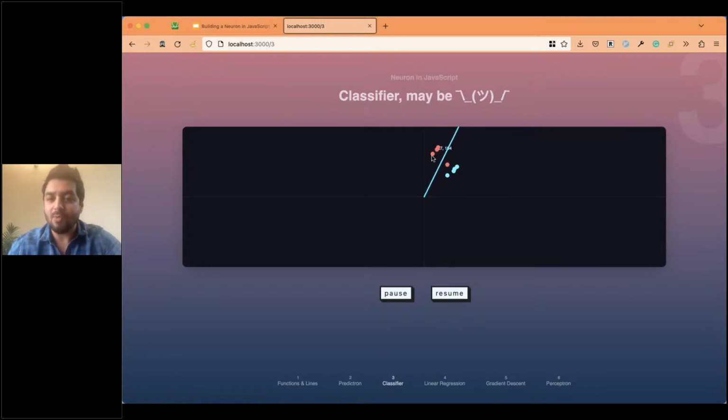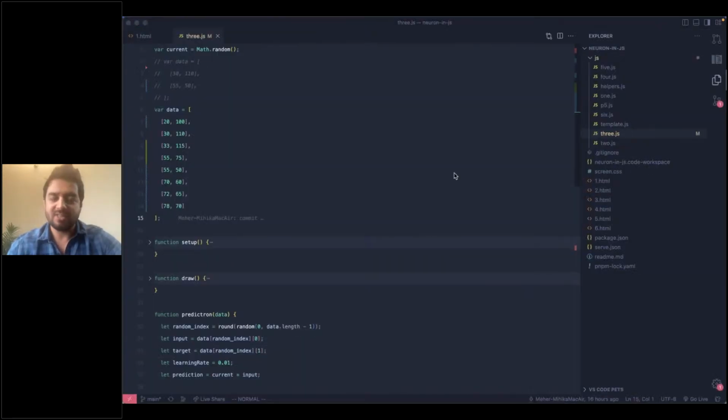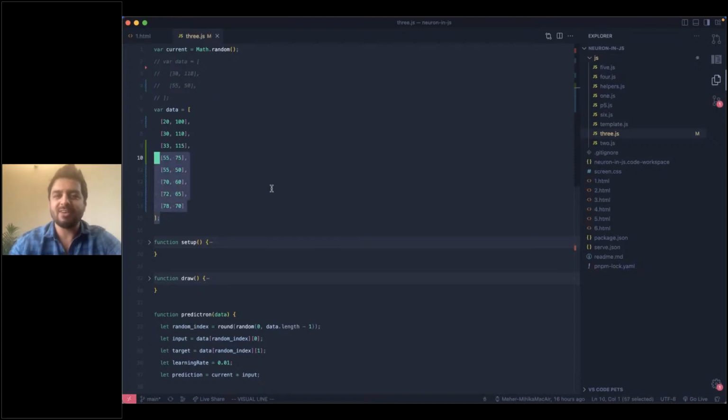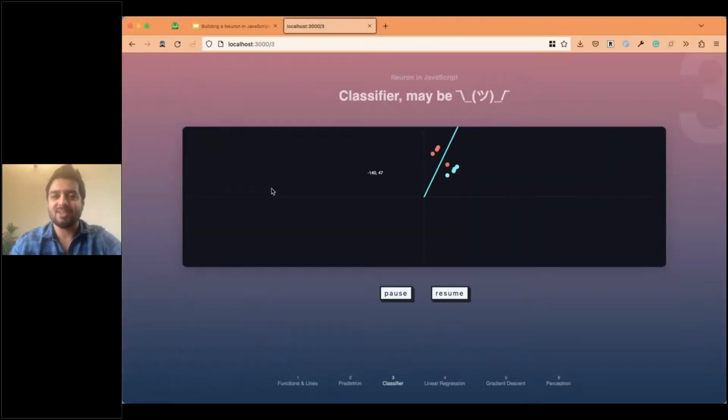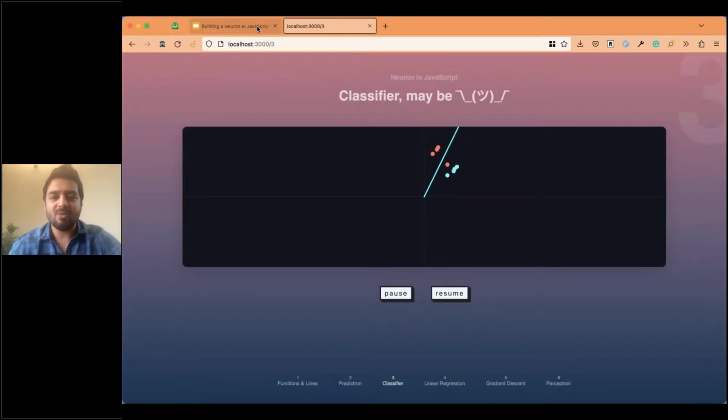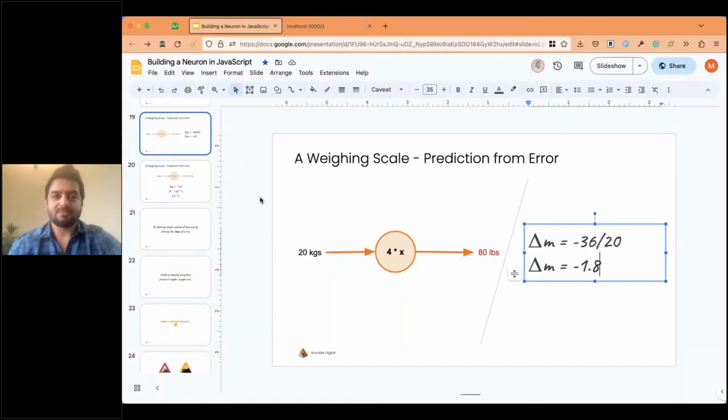And because we have more data points here, it's leaning towards that and ignoring this point altogether. You can play around with this and see for how many different data sets it works. But definitely we will not call this a classifier. That's why it's maybe. All right, now let me pause this so that it does not trouble the browser.